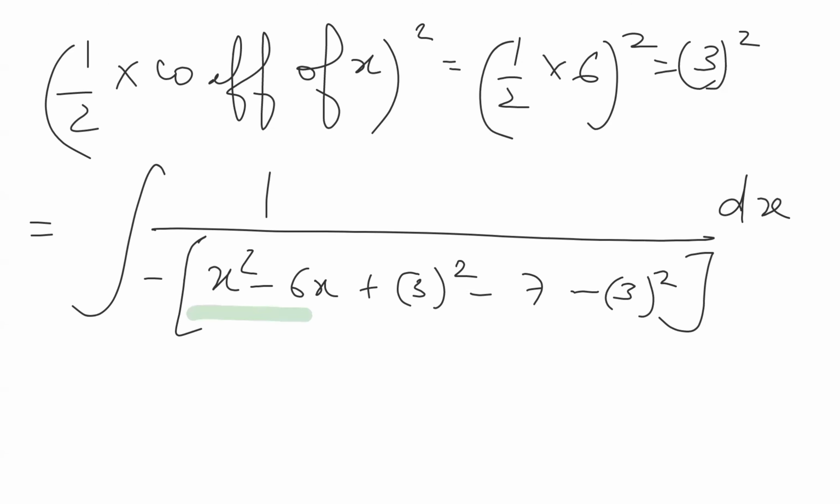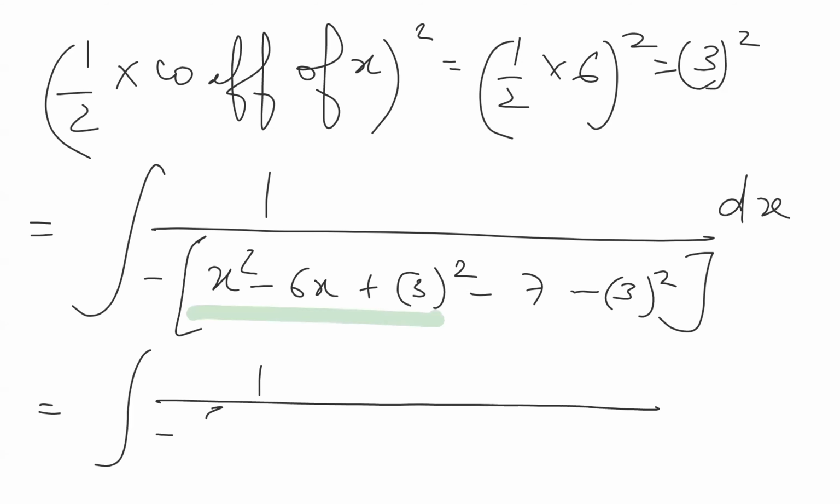First three terms. Can someone tell me what is the answer for the first three terms? Wrong. It is x minus 3 the whole square.